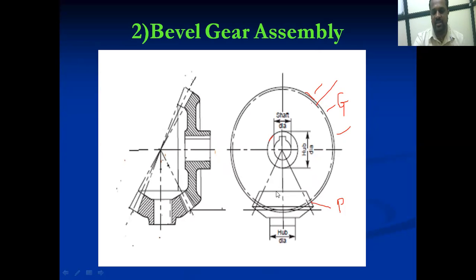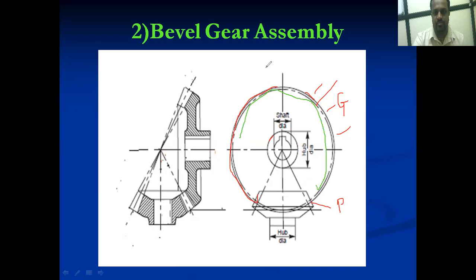This is the conventional representation. See here, this is the topmost portion of your bigger gear. Then you can observe this is the pitch circle for your bigger gear. You can easily do that.